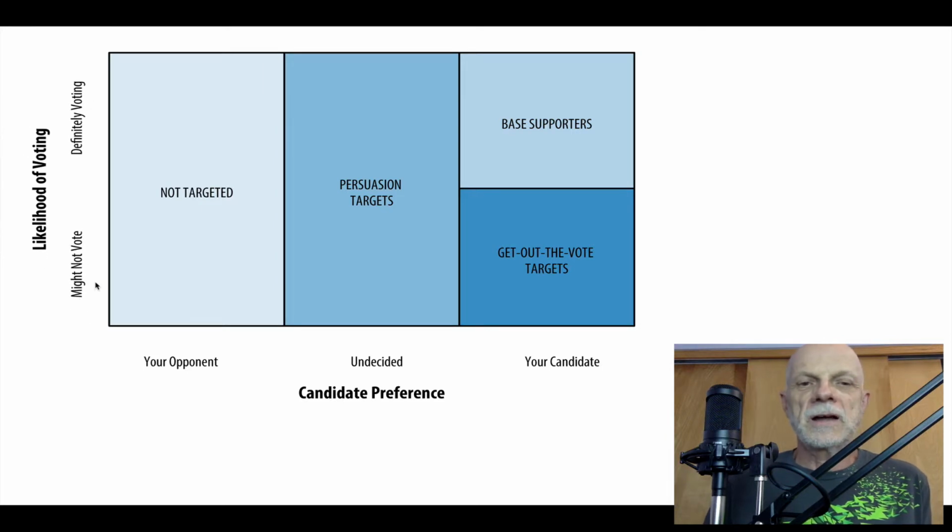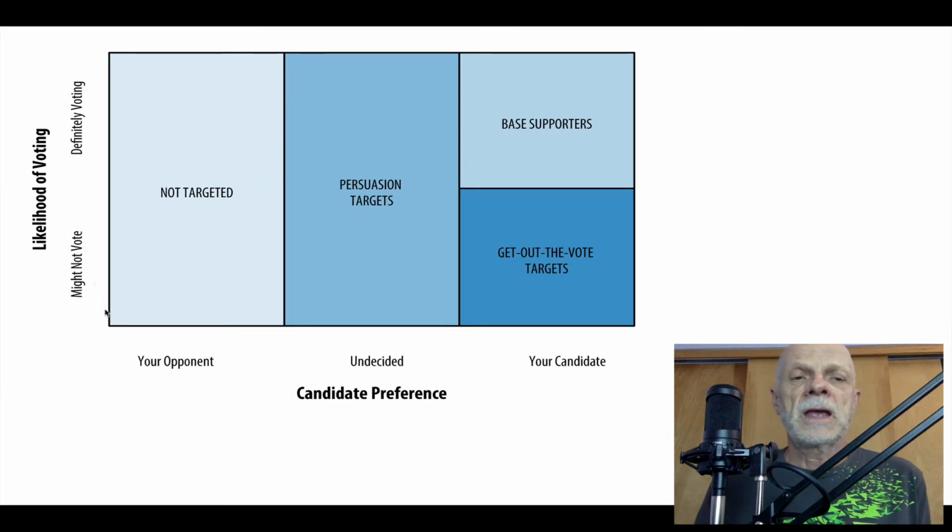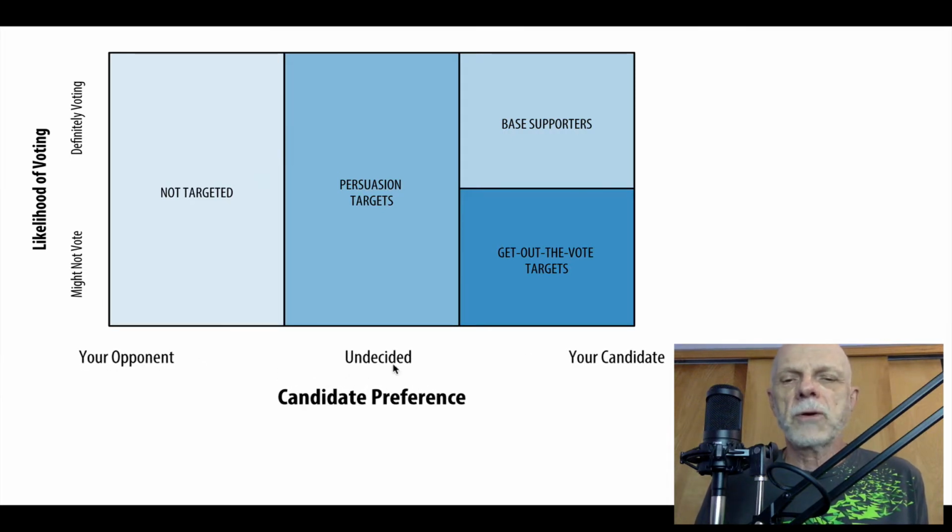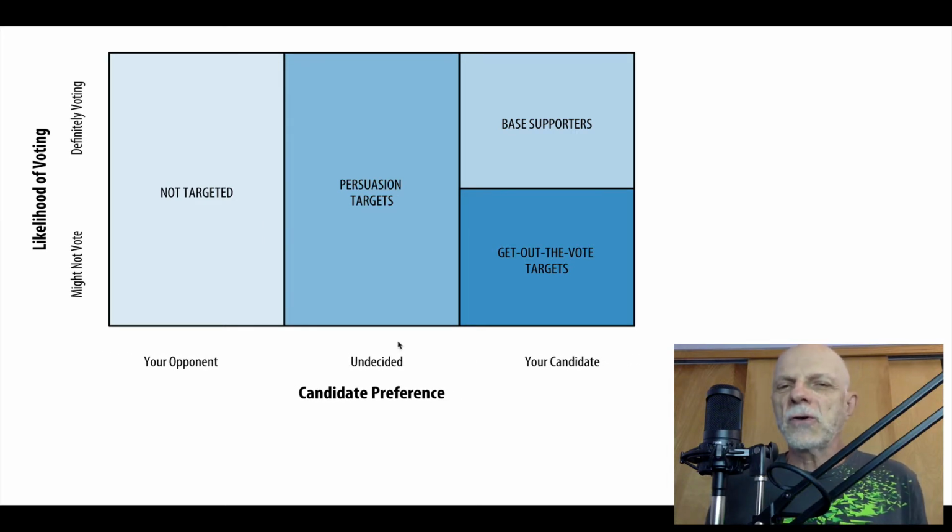So that's one thing we may want to learn: to classify people on whether they're likely voters. The other thing might be, what's the preference? Is it our candidate that they're likely to vote for, or are they undecided? Based on all those factors, we may have different targeting of ads and things like that.